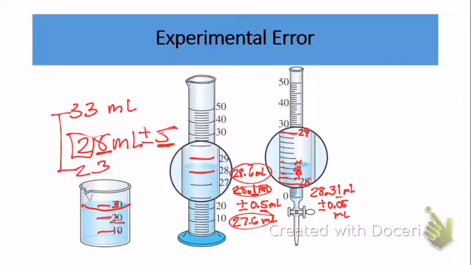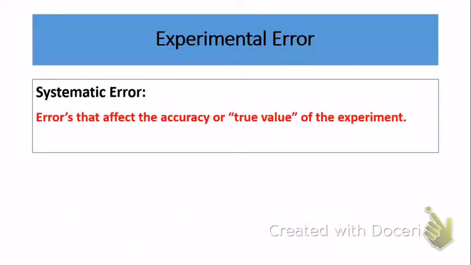So my random error should exist in the hundredths column, and it does match where my last estimated digit of significant figures goes. Okay, and so that's how we record and determine random error for an instrument with an analog piece of equipment. Again, we'll practice this more in class. All right, so let's move on.